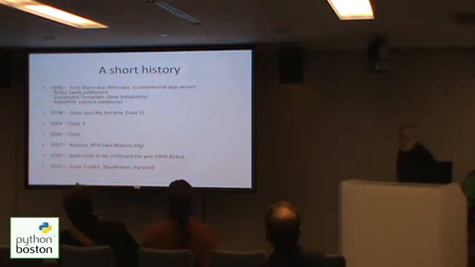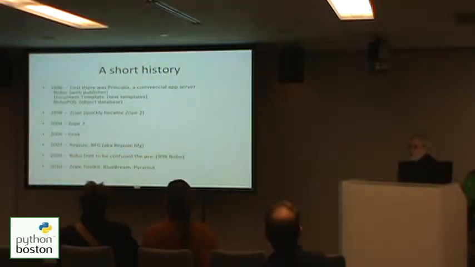So we're talking granddaddy here, right? 1996 was a commercial app server called Principia. The core components were Bobo, Document Template and BoboPOS. It was pretty groundbreaking when it came out.